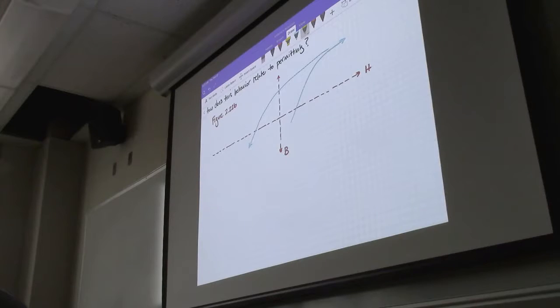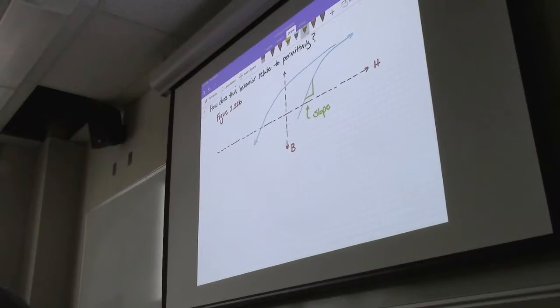So this section of it here, the slope describes the permittivity of the ferromagnetic material when not in saturation.